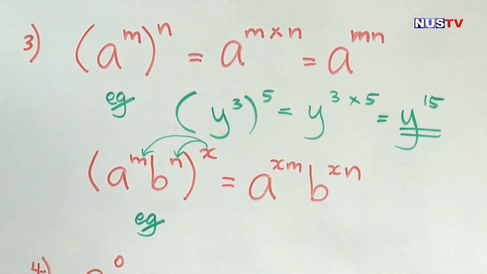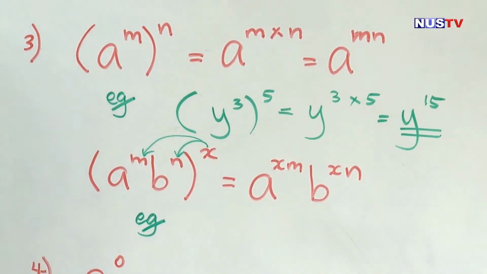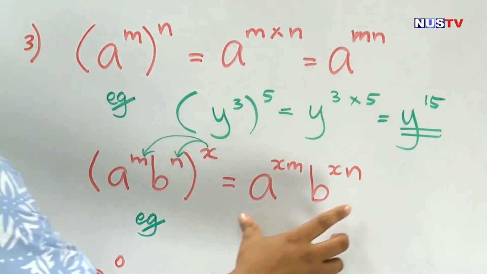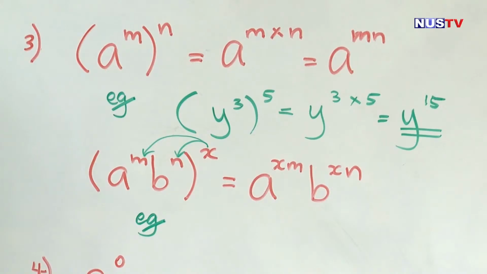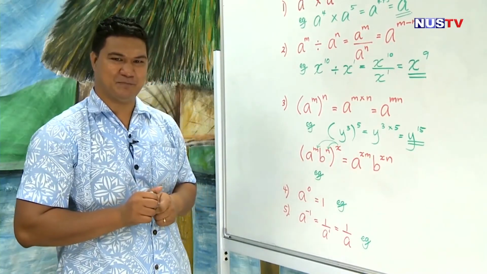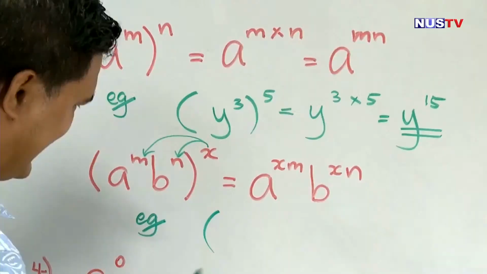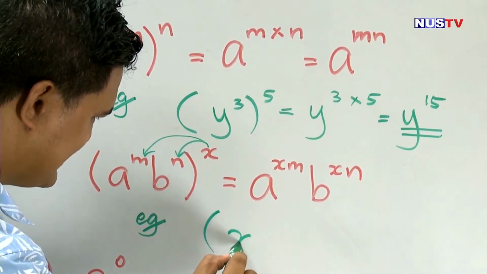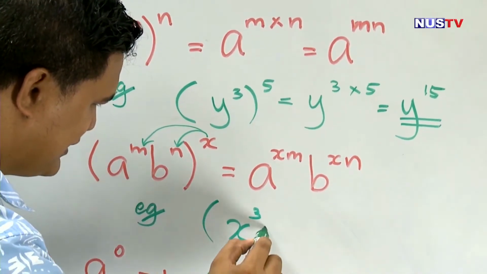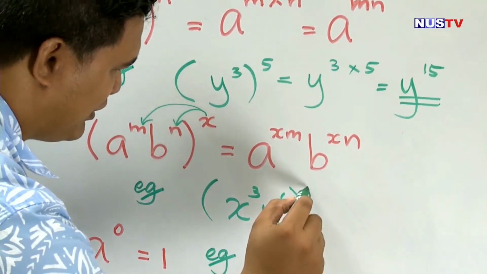Please note, we have two different bases and two different terms. That's why we're not allowed to add those powers, because base a is different from base b. An example for this one: say we have x to the power of 3, y to the power of 6, and this is all to the power of 2.